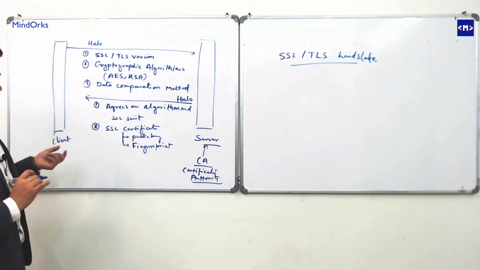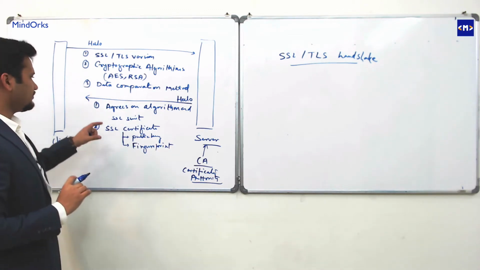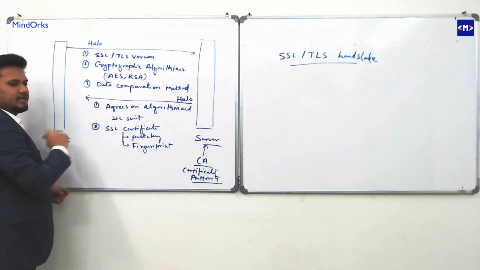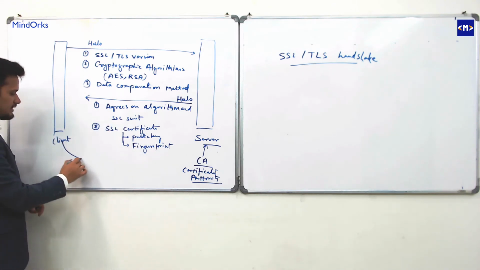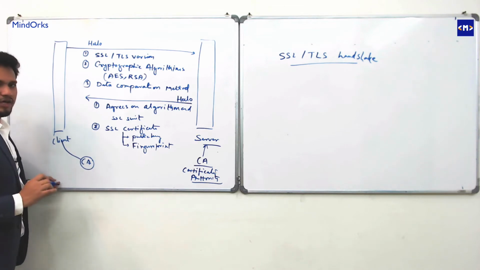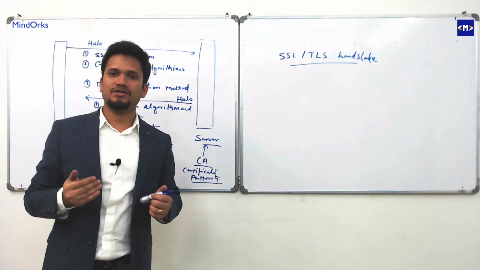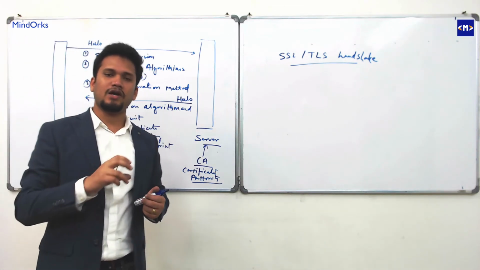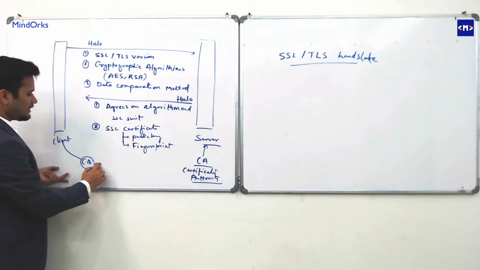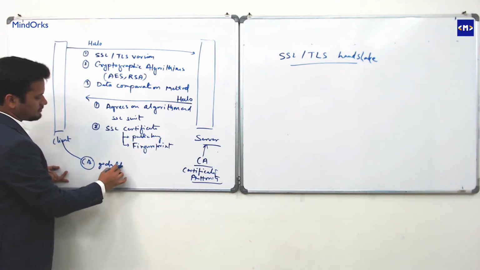Now the client receives the certificate. Now it goes to the CAs. Our web browser already has a list of CAs installed with it. We can install them manually also. CAs like GoDaddy, Let's Encrypt.